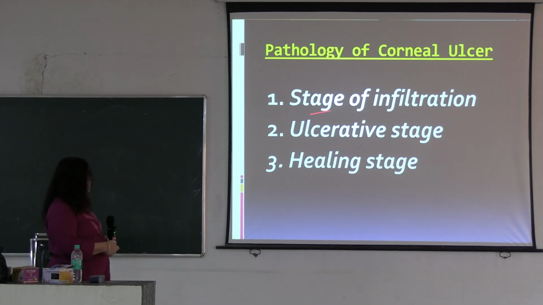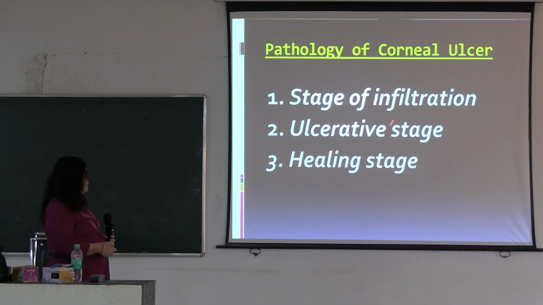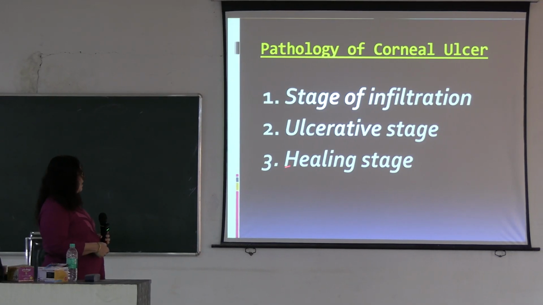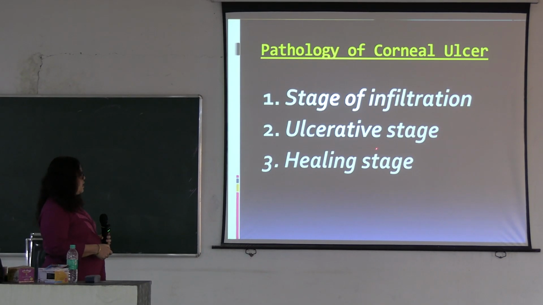Here, in the first stage, there is invasion of the microorganism and infiltration of polymorphonuclear neutrophils, and the ulcer progresses. If it is not treated and the patient is not immunocompromised, the patient is healthy, then it starts healing automatically. And this is the healing stage.